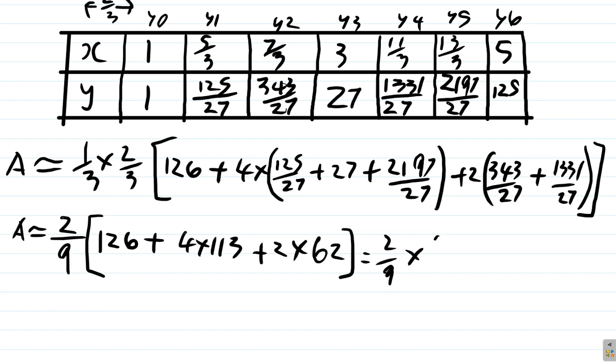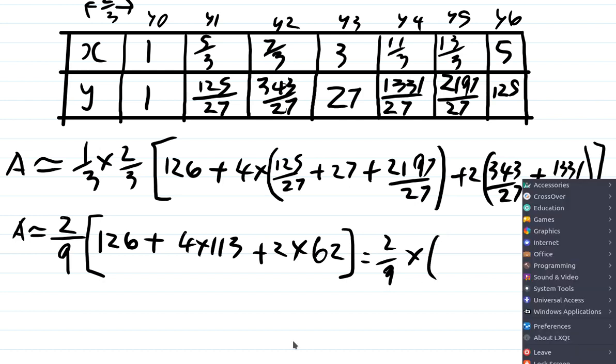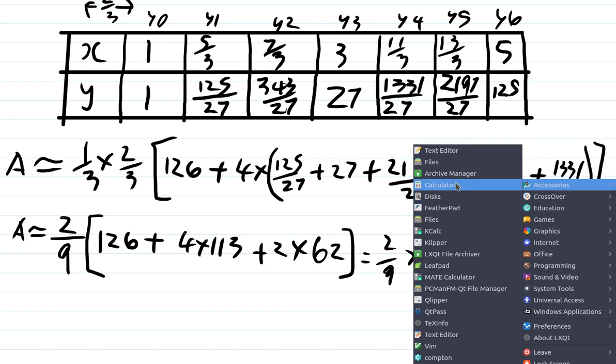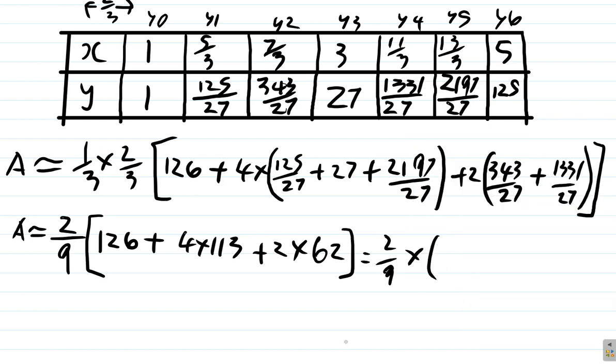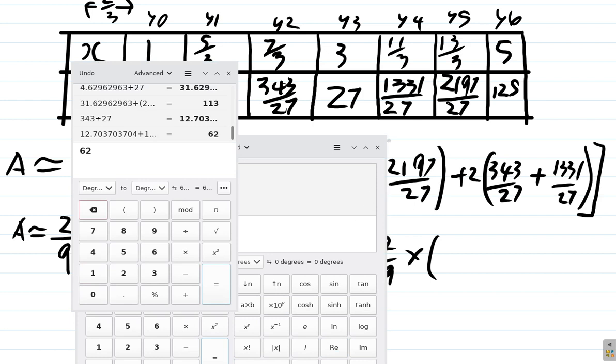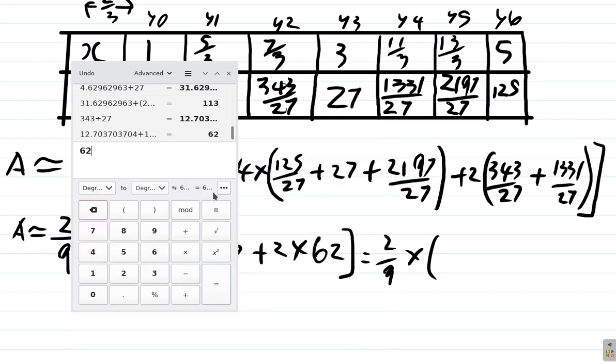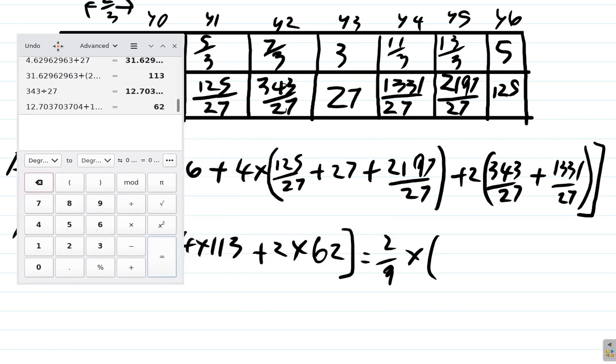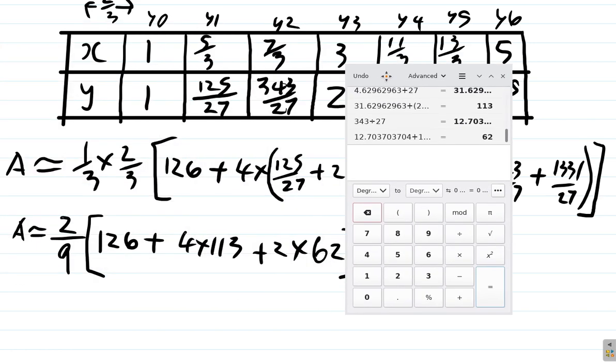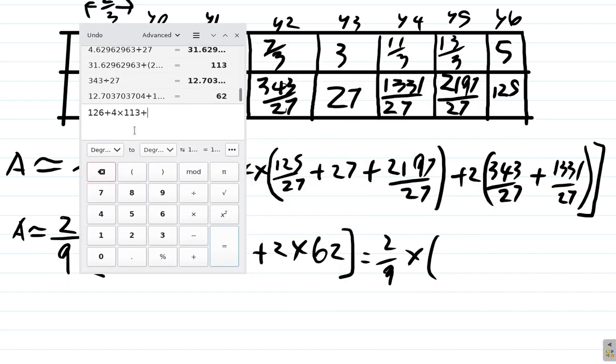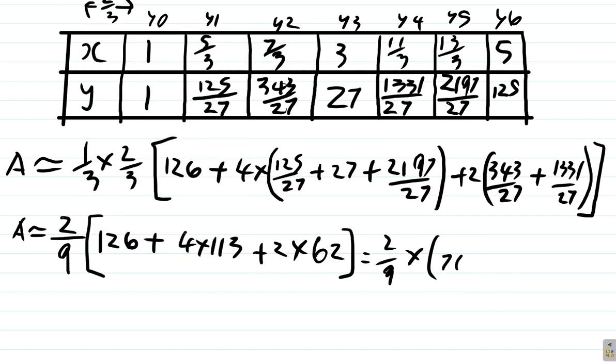Alright. So we're getting some neat, clean numbers here, you know. So probably we get a good value. So we have 126 plus 4 by 113 plus 2 by 62 equals 702.